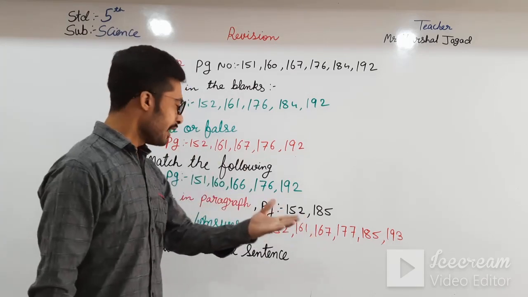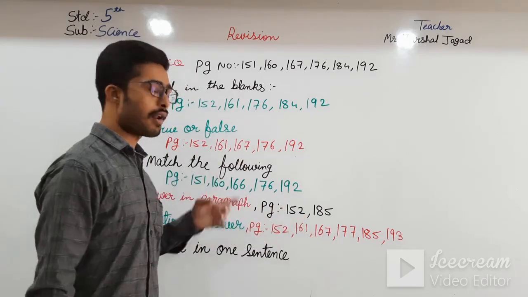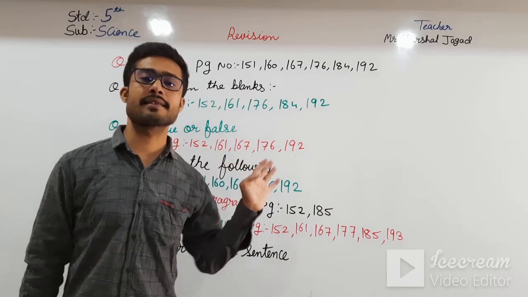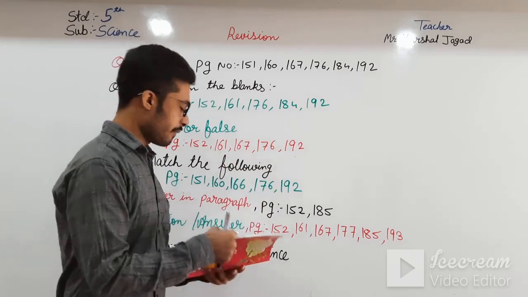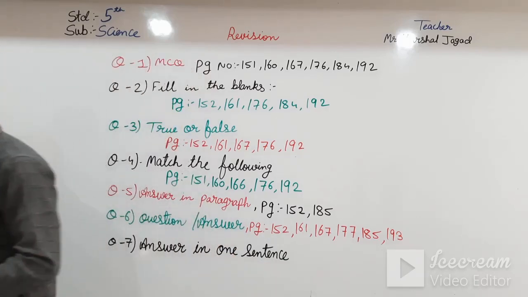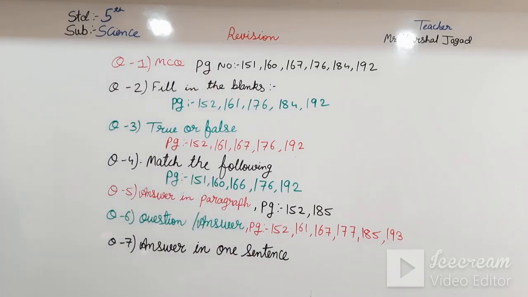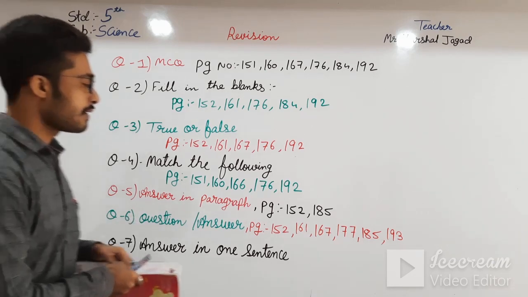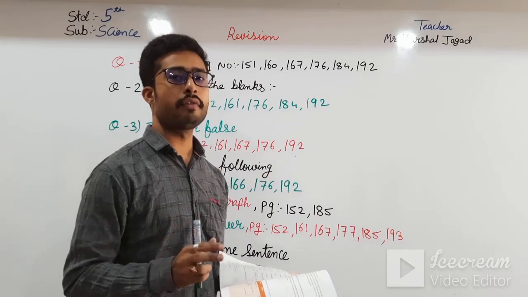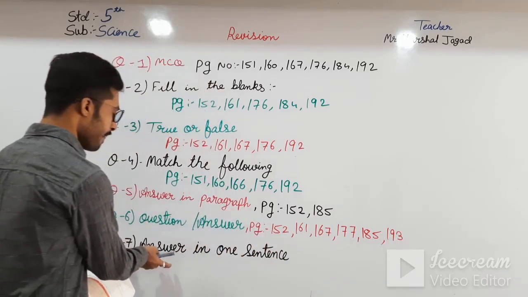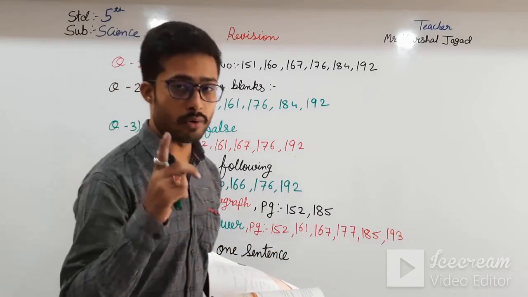And else you have to learn for question answer or answer the following question. So here the page number will remain the same, students, because in answer in one sentence, I have also taken most from the exercise only.